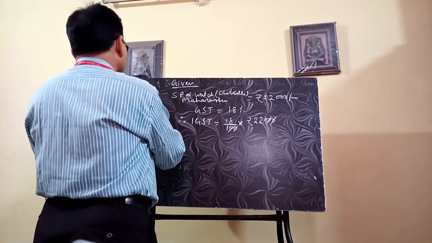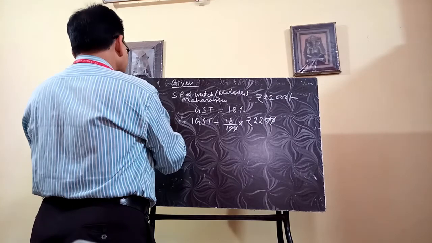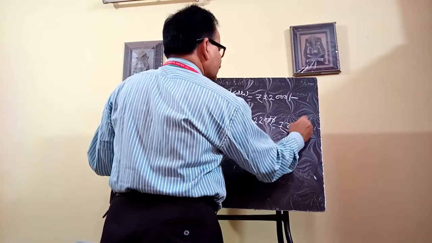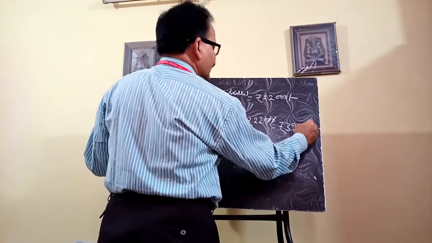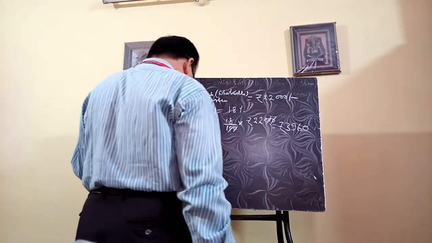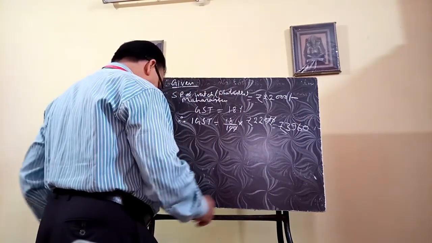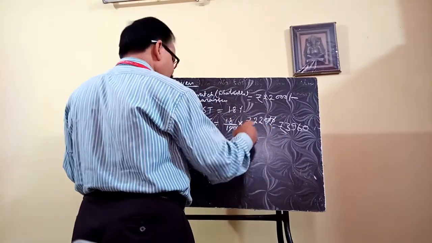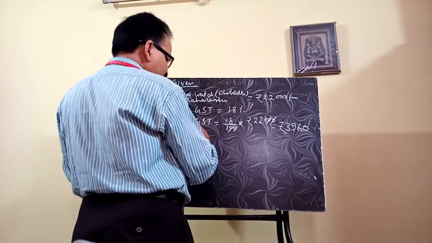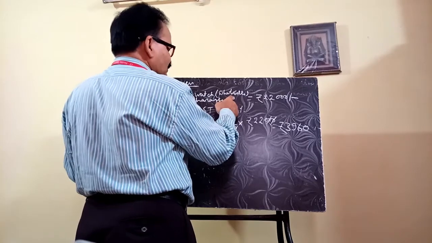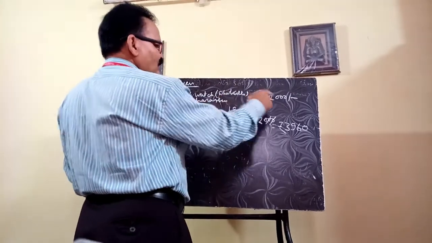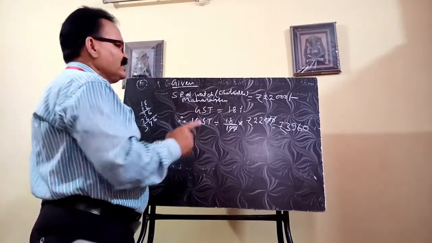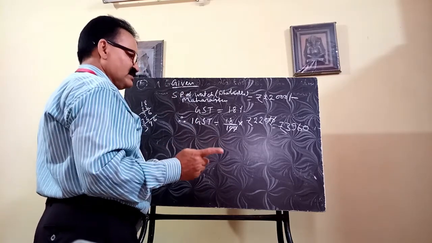So 18 and 22, this is rupees 396 and 0, so 3960 is the total. 3960 is the IGST. This is IGST because the Maharashtra people sold the watch for 22,000 to a customer who is a dealer placed in Indore. Clear? Okay.